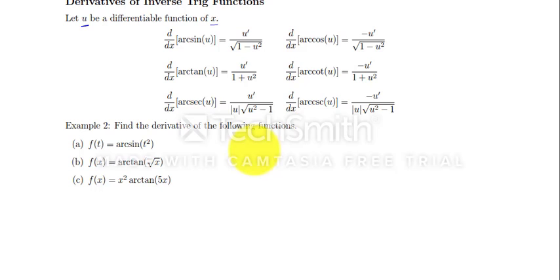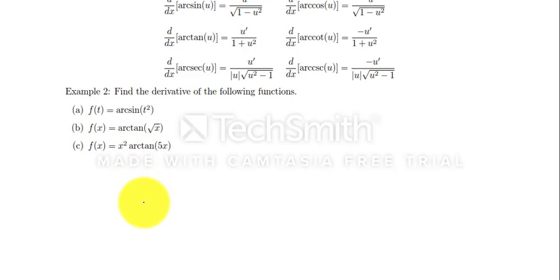So let's take a look at example number 2 on how to find the derivative of an inverse trig function. For part A, we have arcsine of t squared. In this case, we notice our u equals t squared. Now because the formula requires u prime, we might as well compute u prime.